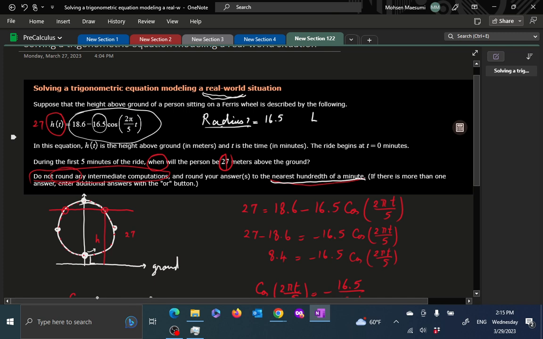So our lowest point is going to be 18.6 minus 16.5. So that's going to be 2.1. So at the moment that you are going to take your seat in the Ferris wheel, you are 2 meters above the ground according to this problem.